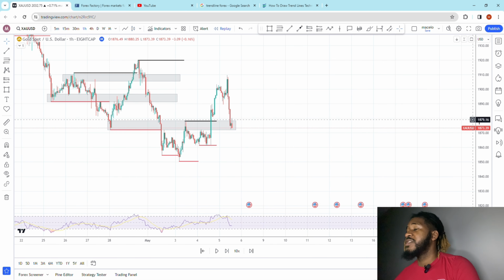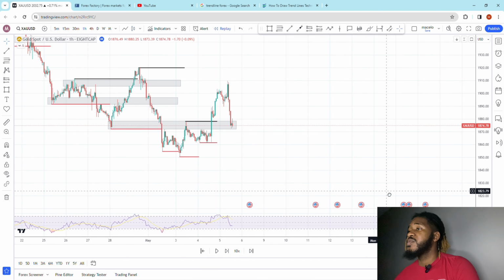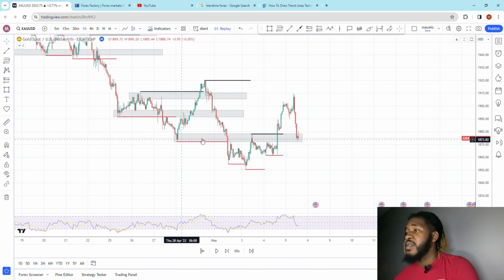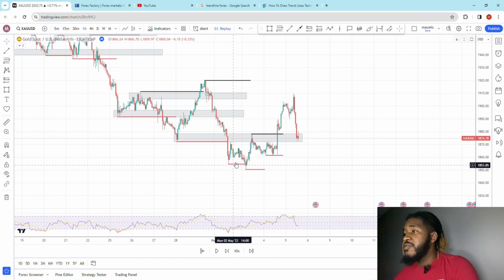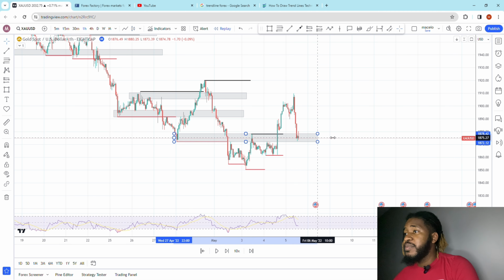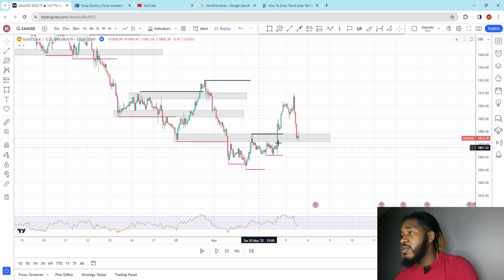Okay, so now in retesting this area that is supposed to break, you have this as support. Price broke it, had resistance now. Price respected there, a little pull down, showed some more respect. Started to push down again, broke it. Now it's back to this area where support became resistance, that becomes support once again.